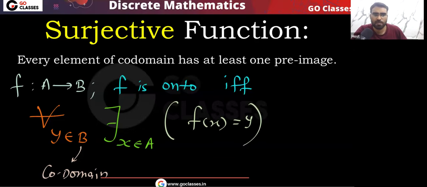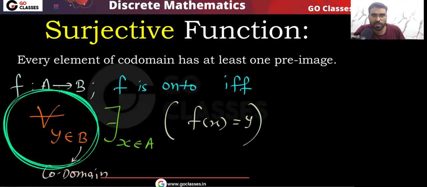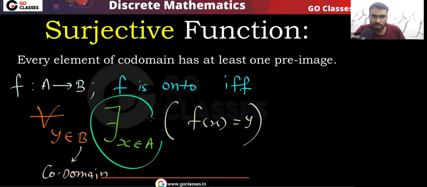Let me know. Please tell me. Did you understand? This is the definition of onto function: for every element y of the codomain, there must be at least one element in the domain which is mapping to y.